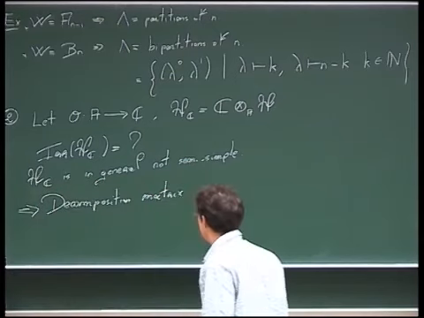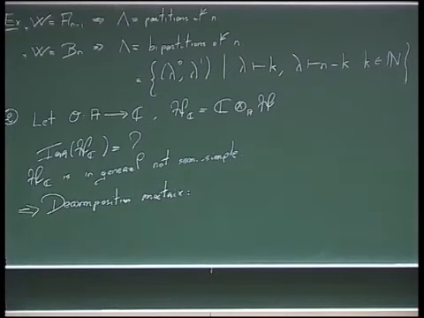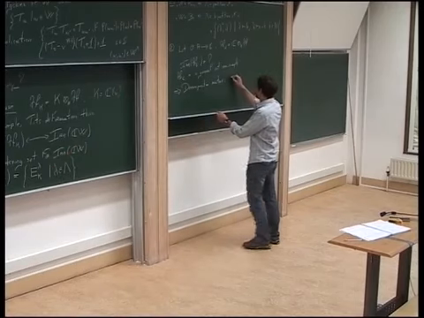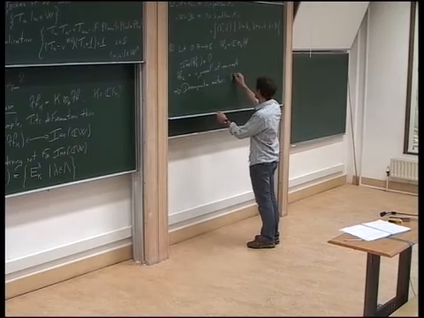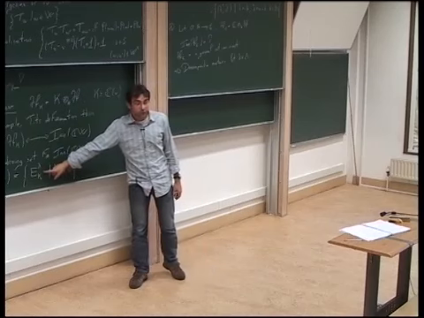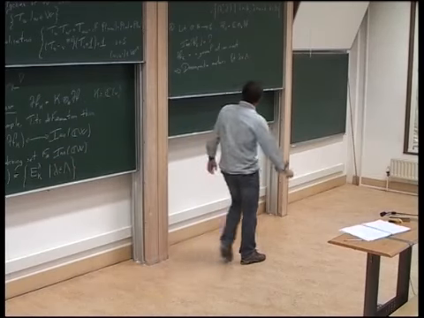The definition is as follows: you start with the simple modules of Hk that you know. Then you can show that these modules, E lambda k, can be realized over A, in fact.